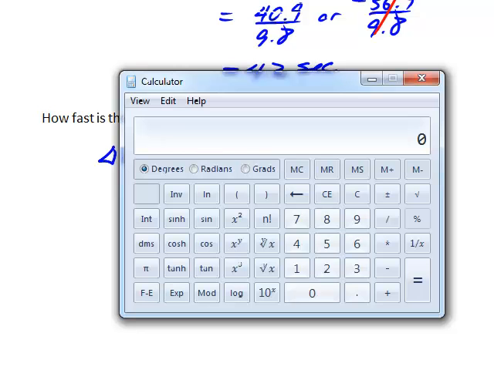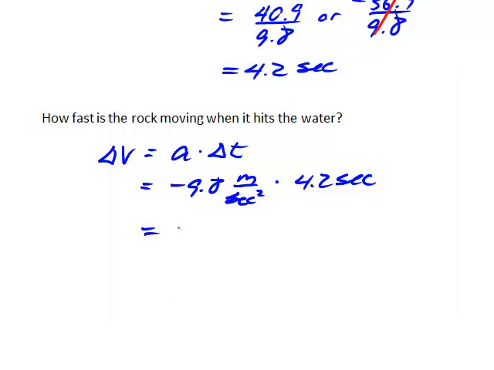So we get out our trusty calculator, and we have negative 9.8 times 4.2, negative 41, 2 sig figs, meters per second. The second here cancels the square on the bottom, and we're left with meters per second as our change in velocity.